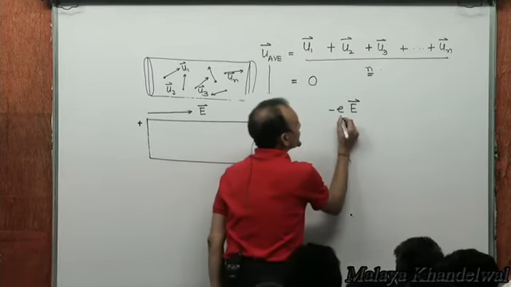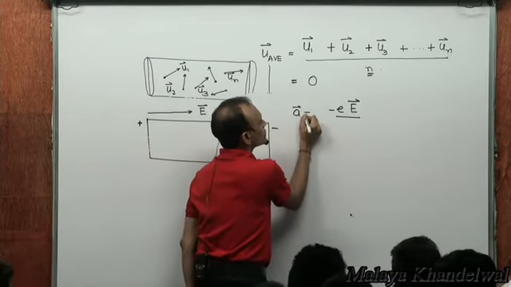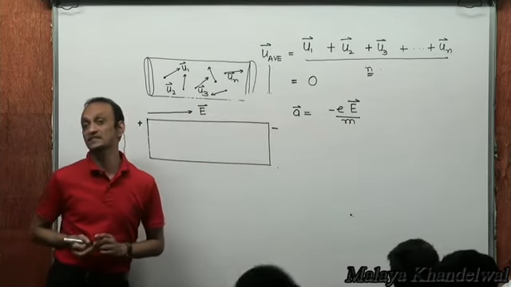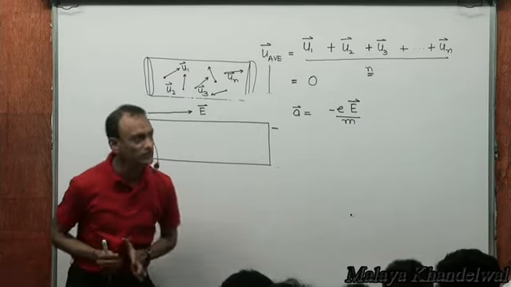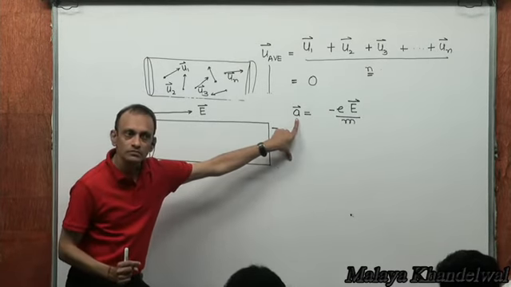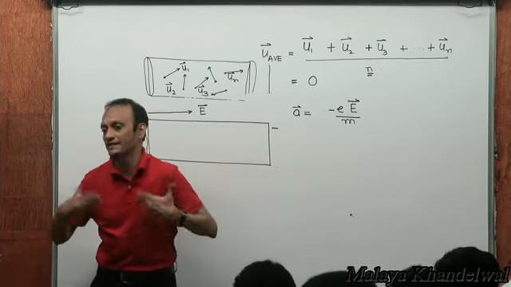And there would be an acceleration associated with the electron. That's going to be this by m, where e is the magnitude of the charge on the electron and m is the mass of the electron. Then this would be the acceleration of the electron, right? And all electrons will have the same acceleration.